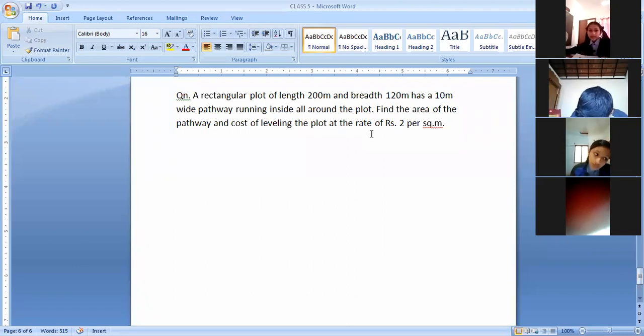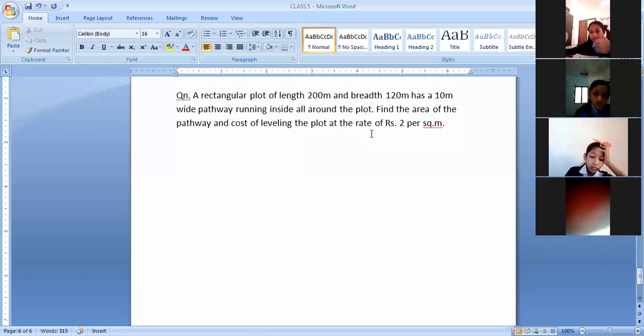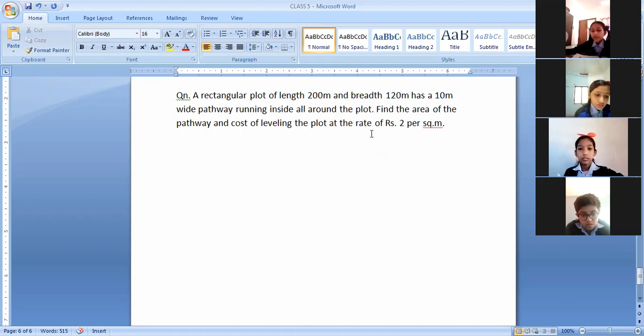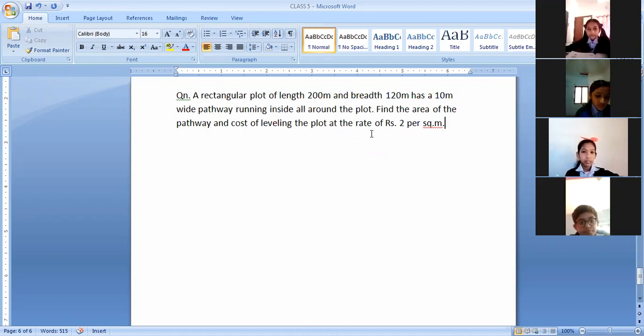Aaron? Length and breadth of the plot, is it there? Kripa, tell me the length and breadth of the plot. Is it given in the question?